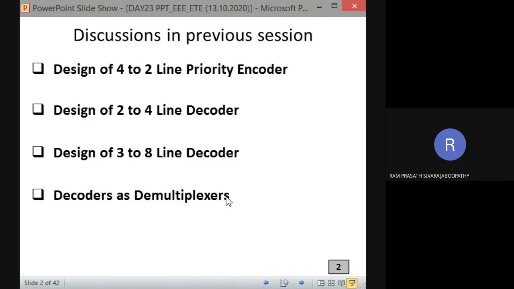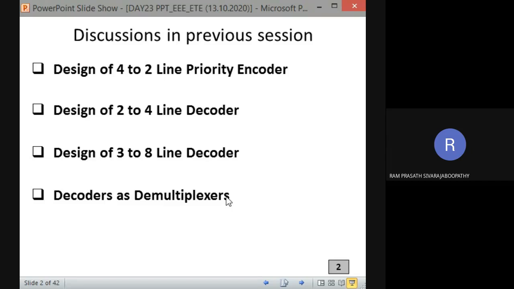Then we discussed how to use decoders as a demultiplexer. What is the additional input we must have in the decoder so that it can be used as a demultiplexer? Can you people type it in the chat? Apart from the data, we have to provide one more input to the decoder.